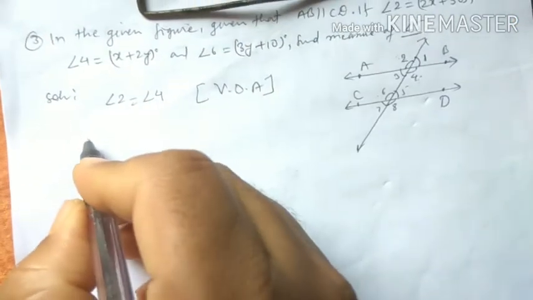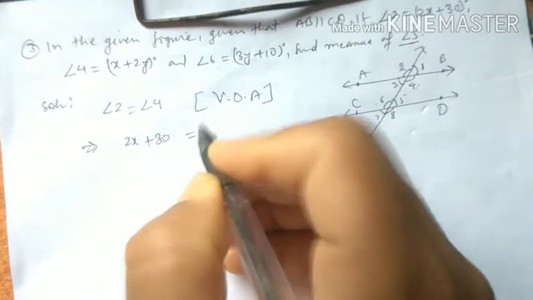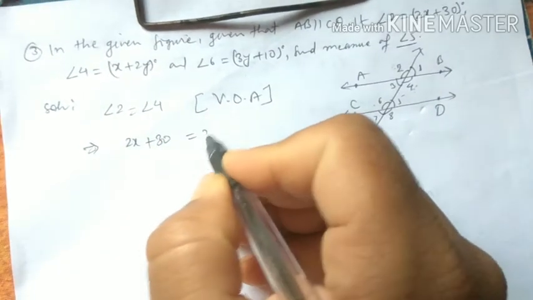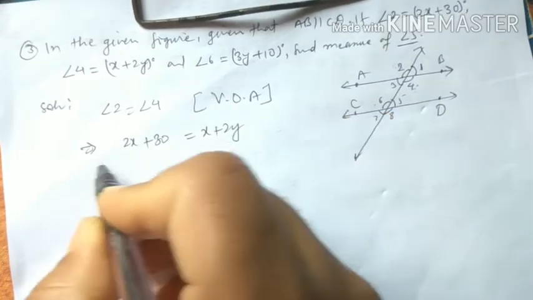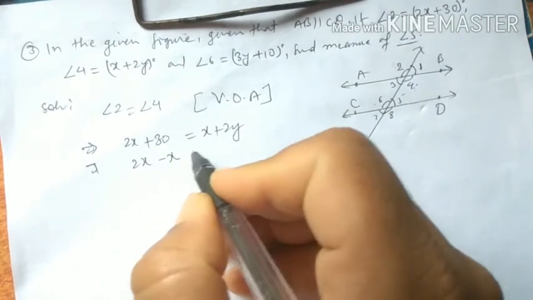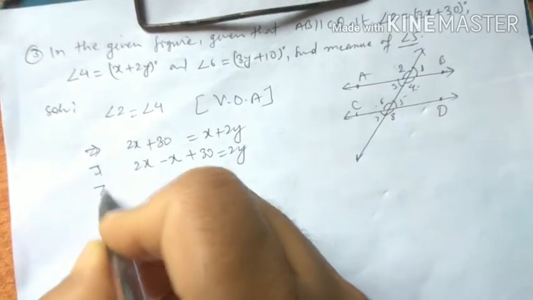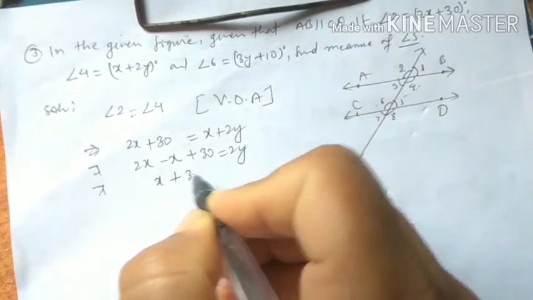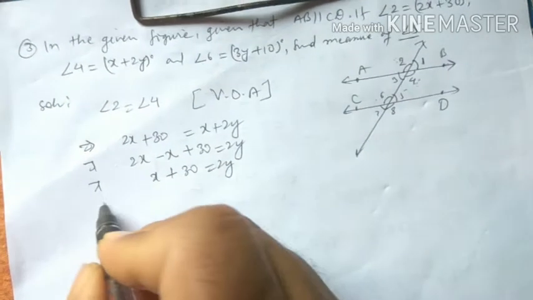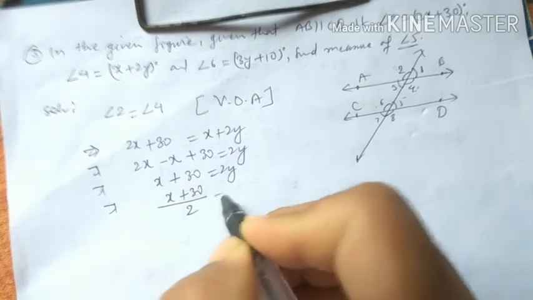The measure of 2 is 2x plus 30 degrees, and of 4 is x plus 2y. So 2x minus x plus 30 equals 2y. This implies x plus 30 equals 2y, so (x plus 30) upon 2 equals y.